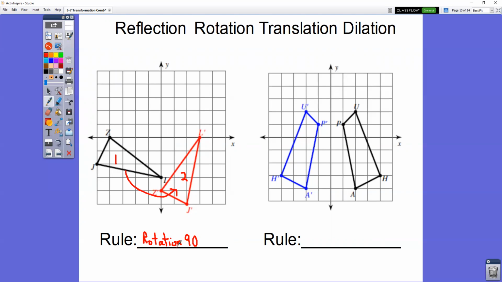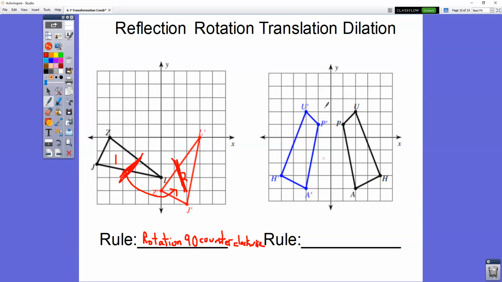But we have to say whether it's clockwise or counterclockwise. We're going from approximately 8 o'clock to approximately 5 o'clock. So we're going backwards clock. So this would be 90 degrees counterclockwise. Remember that counterclockwise is all one word.